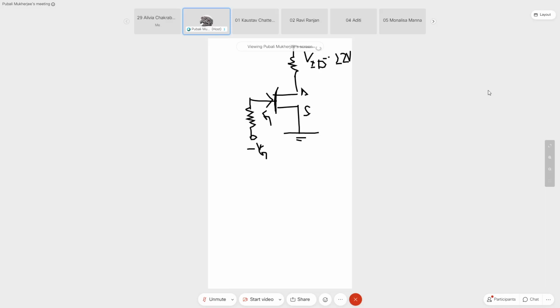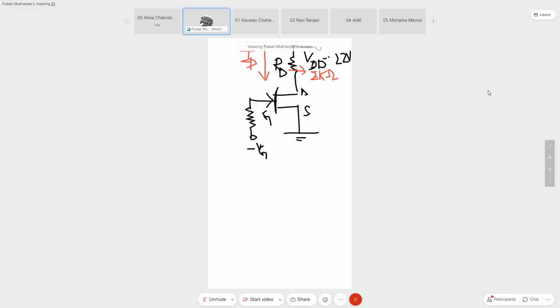Taking VDD as 22 volts. This is RD. I'm taking numerical values straight away and going in for analysis, so it becomes easier since you already have an idea of the BJT biasing. So RD is 2 kilo ohms. The current flowing through RD is nothing but the drain current ID.